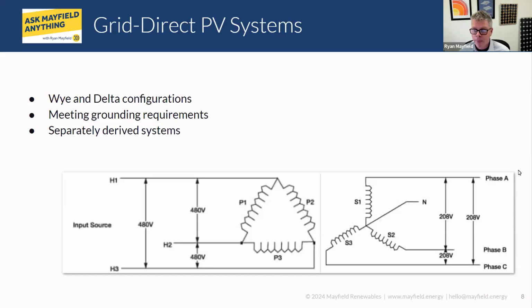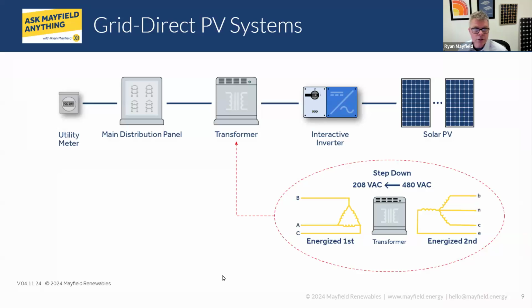All right. So here is an image to help drive this home a bit more. This is that typical application. We have the 480 on the inverter side and the 208 on the utility side, using that delta to Y transformer to make the interconnection for these types of systems.